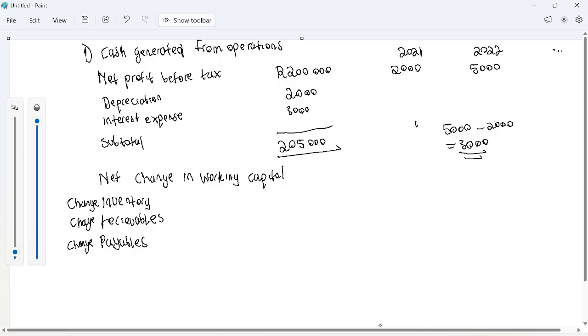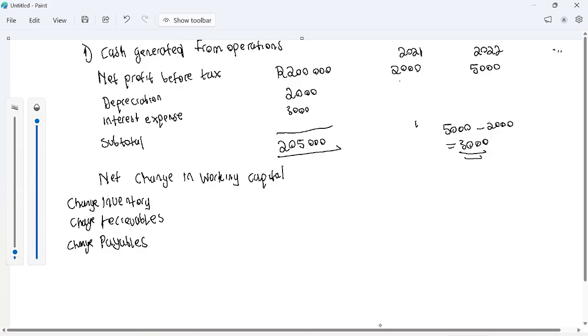Now you ask yourself a question. This amount increased from 2000 to 5000. If our inventory increased, it means we bought more stock. So when a company buys more stock, what happens? We're taking out our money and buying the stock, or inventories.